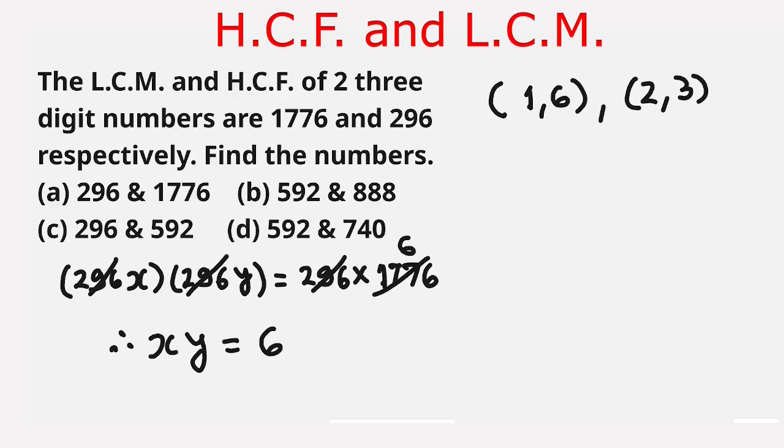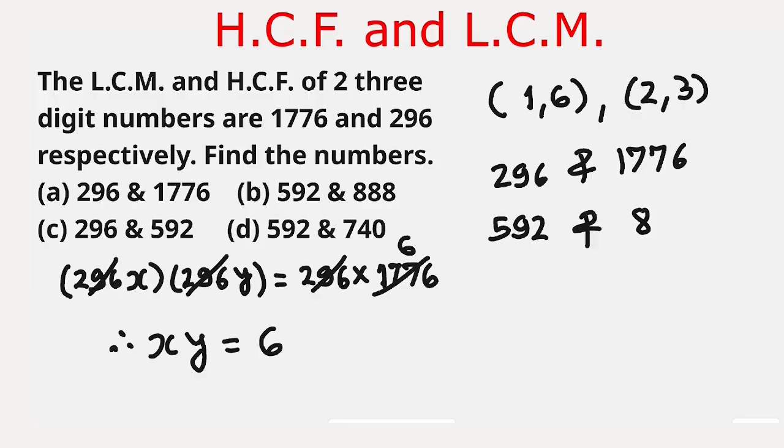If we take 1 and 6, then the numbers will be 296 and 1776. And if we take 2 and 3, then the numbers will be 296 times 2 is 592 and 296 times 3 is 888.